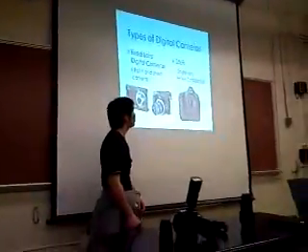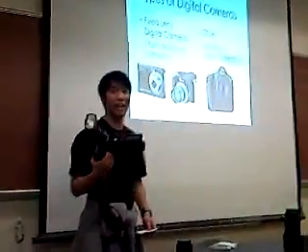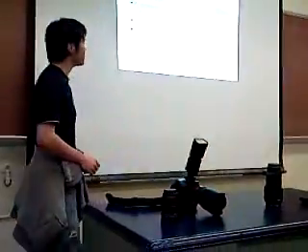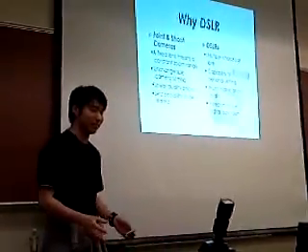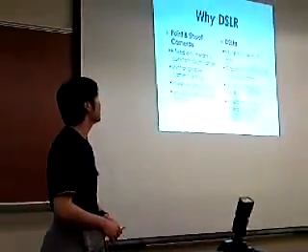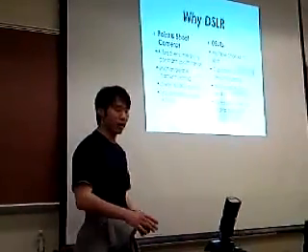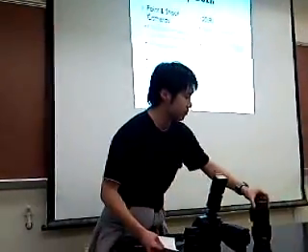And the DSLR requires a lot of different settings. It's huge, heavy, and expensive. So why bother with a DSLR? It's really expensive, thousands of dollars. But with a DSLR you have multiple choices of lens, from wide range to the middle one and zoom lens.